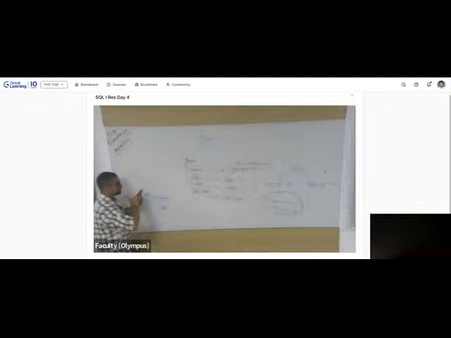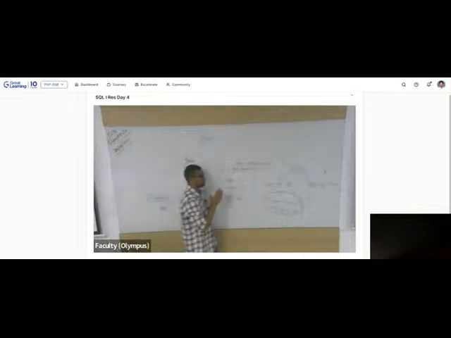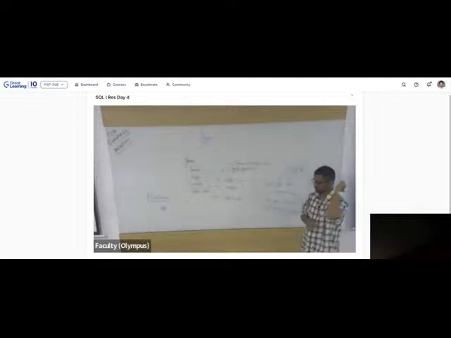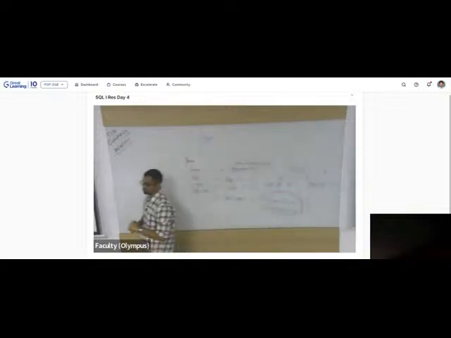So we have seen inner, left, right, full outer, then cross join, natural. Then we have seen equi joins. The problem with the natural join is it can be only an equi join, right? Can a natural join be a non-equi join? No, it's not possible because we don't have control over the on condition. So natural joins are equi joins.